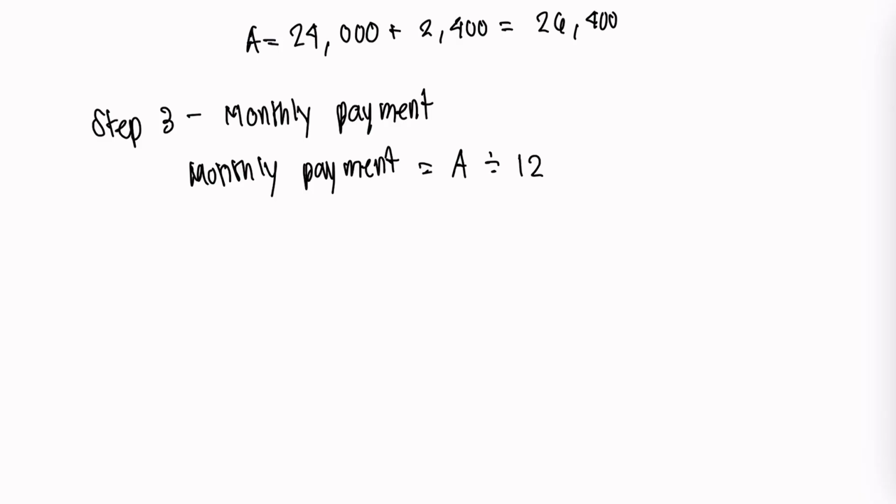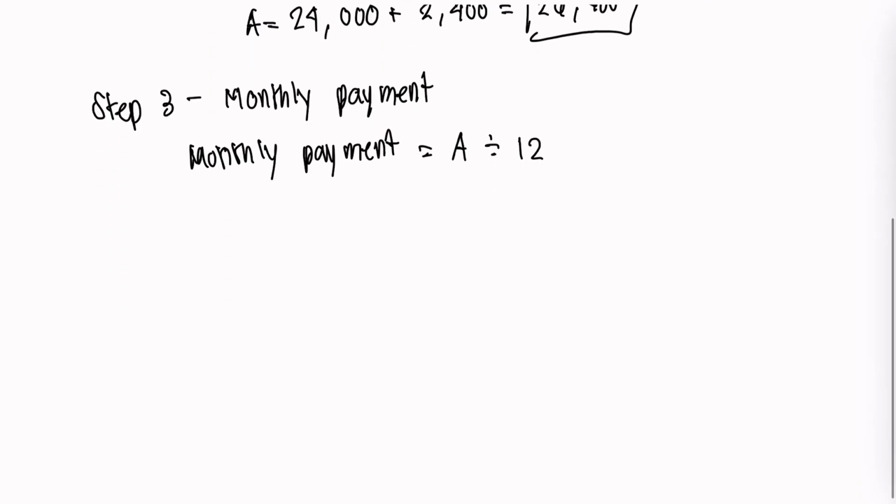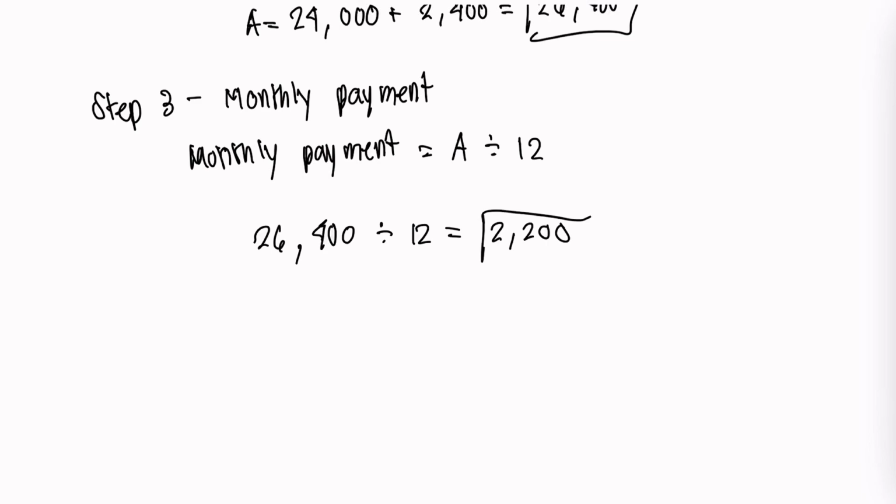The time in this problem is 1 year, which is equivalent to 12 months. So that's why it's 12. The value of A is 26,400 divided by 12, which is equal to 2,200. So that's the answer. That's our monthly payment.